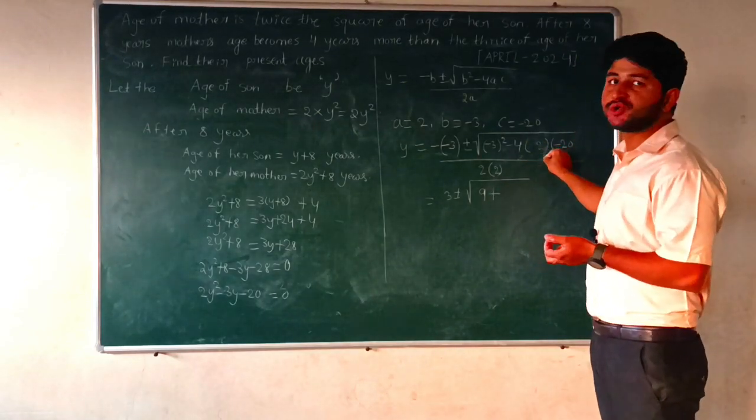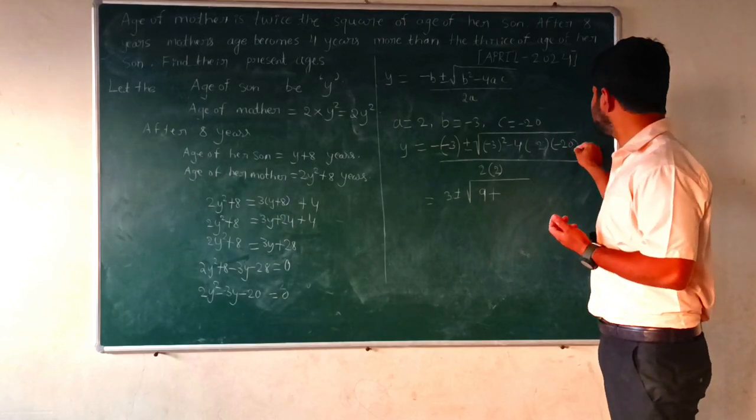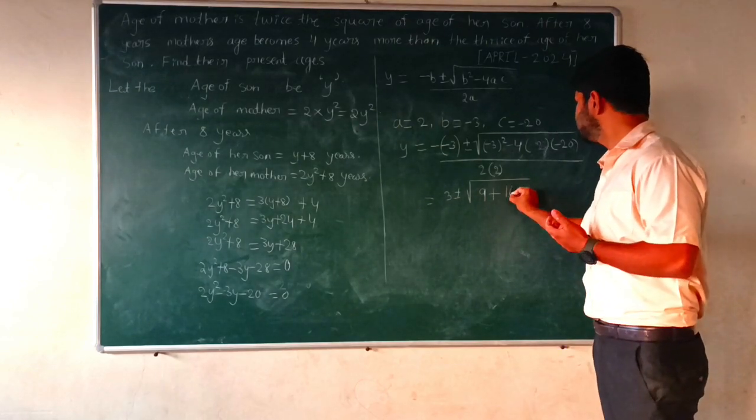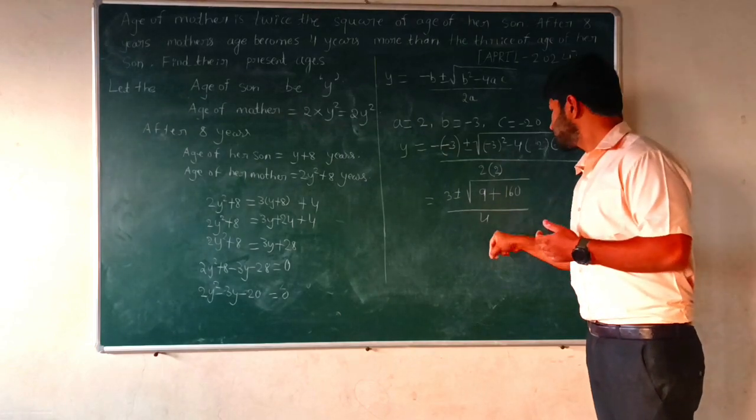So 4 times 2 is equal to 8, 8 times 2 is equal to 16, and there is a 10 here, so I am going to put it as 10, divided by 2 times 2, which is equal to 4.